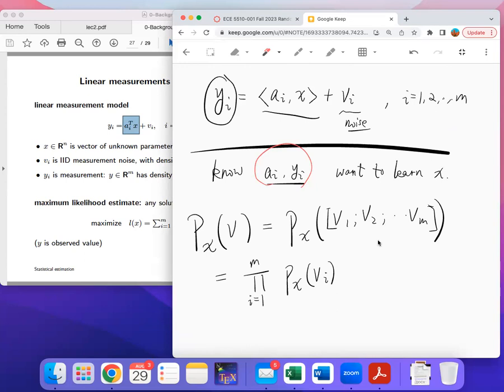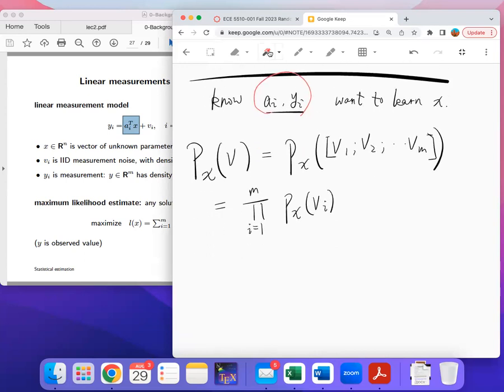By the independence of the noise, we can just decompose them. Moreover, according to the equation, Vi is just Yi minus this dot product. Just plug it in. So this is the likelihood of your observation.